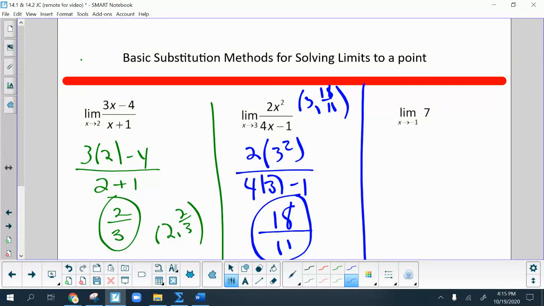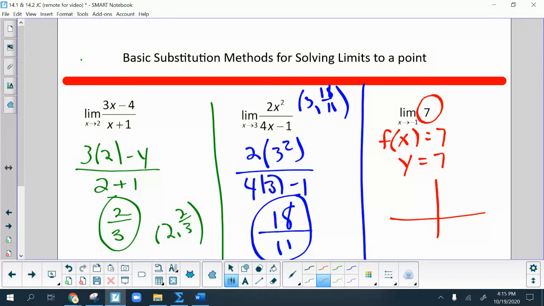The last one here is actually sometimes easier to explain by drawing a quick sketch. So remember that this piece in here is standing for a function. So what that literally means is that f of x equals 7. Well, we hopefully know that f of x is the same as saying y equals 7. And what that also really just means is that I have a horizontal line at y equals 7.